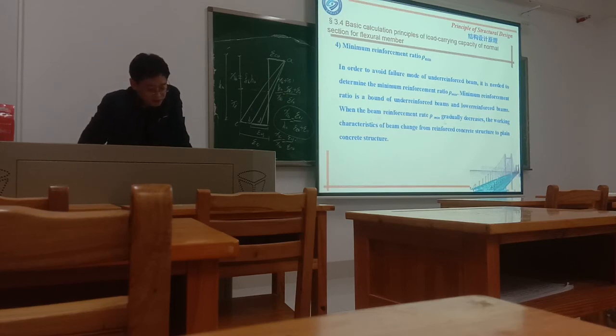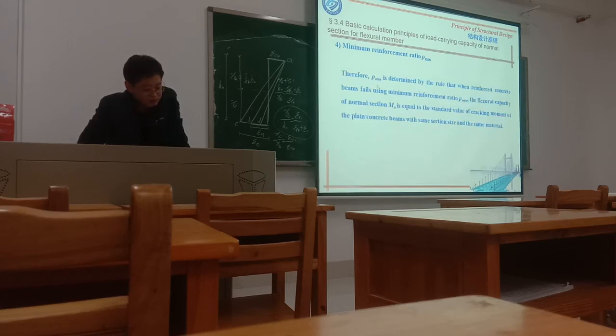When the beam reinforcement ratio greatly decreases, the working characteristic of the beam changes from a reinforced concrete structure to a plain concrete structure. Therefore, the minimum reinforcement ratio is determined by the rule that when the reinforced concrete beam fails at the minimum reinforcement ratio, the flexural capacity of the normal section Mu is equal to the standard value of the cracking moment for the plain concrete beam with the same size and the same material.